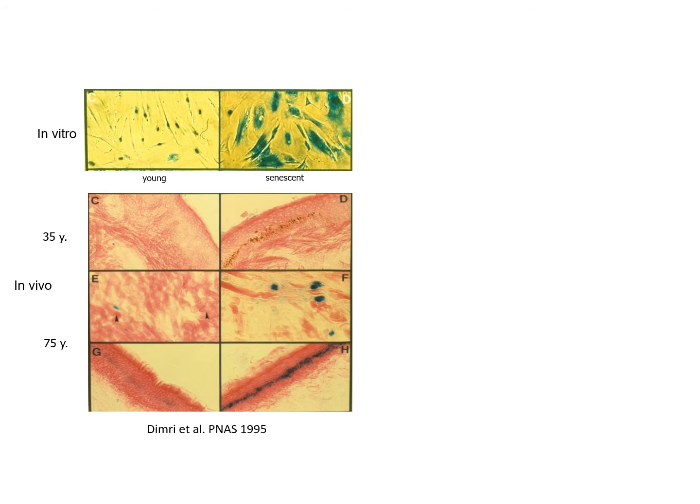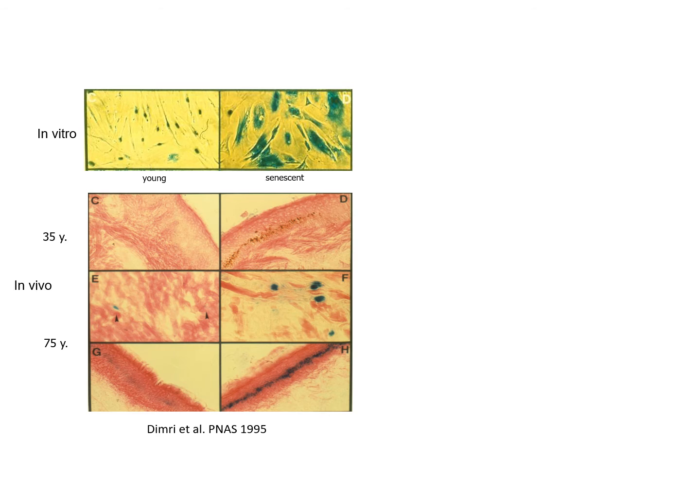With age, at the age of 75, we can see individual senescent cells in the skin, but also at a smaller magnification we can see the accumulation of senescent cells in general.